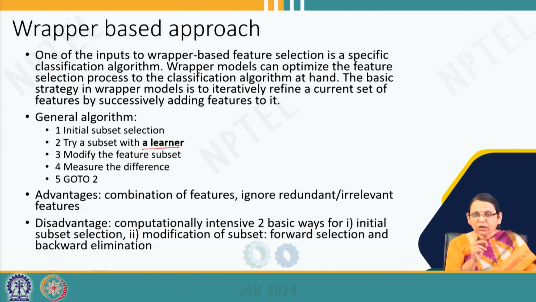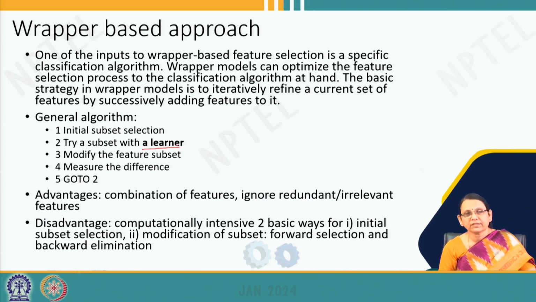Then what you do is try taking subsets of features and use them along with the class variable in the learning algorithm. Basically, you consider all combinations of the features, taking 1 at a time, 2 at a time, 3 at a time and so on.